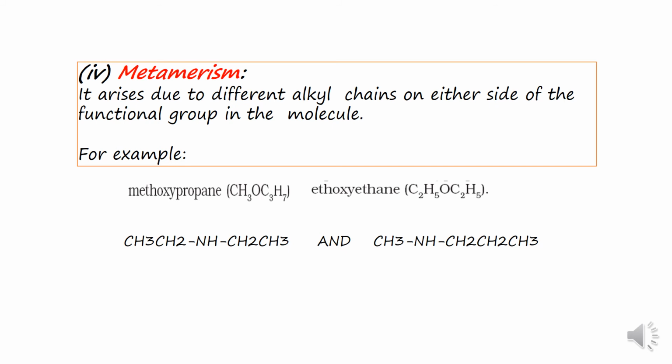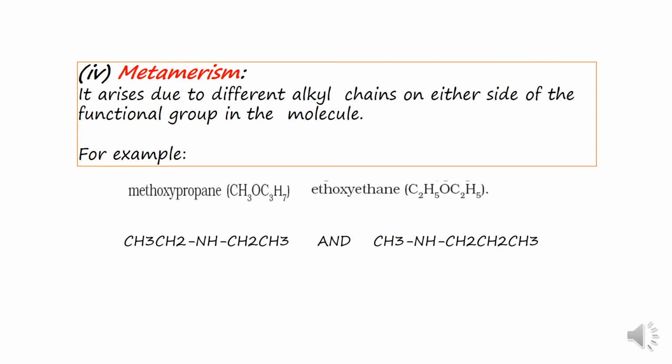The molecular formula for methoxypropane is C4H10O and ethoxyethane is also C4H10O, but on either side of the ether you are seeing different alkyl groups bonded. In methoxypropane, methyl and propyl groups are present, and in ethoxyethane, on both sides ethyl groups are present.